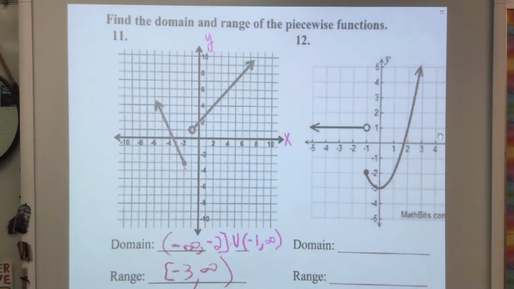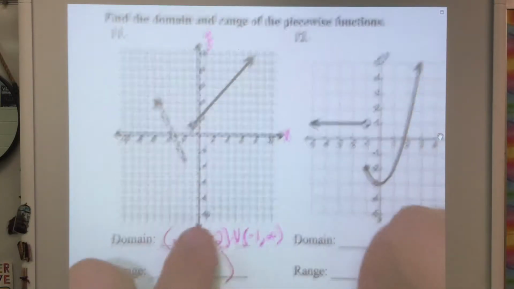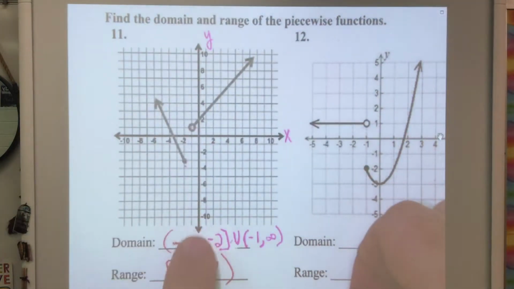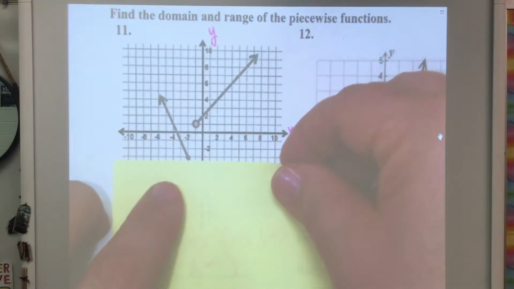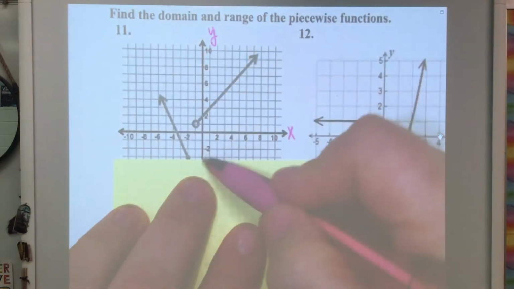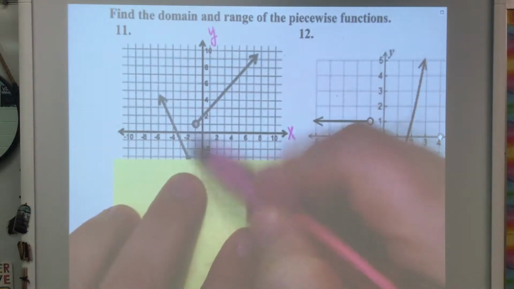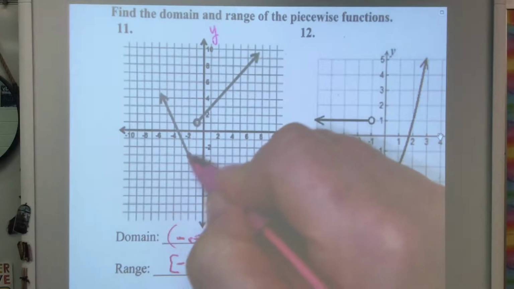And then for range, we're looking at the y-axis, and we're going from negative to positive, so down to up. And the first number starts right here at negative 3. And it is a closed circle. I'm going to darken this closed circle in a little bit more.